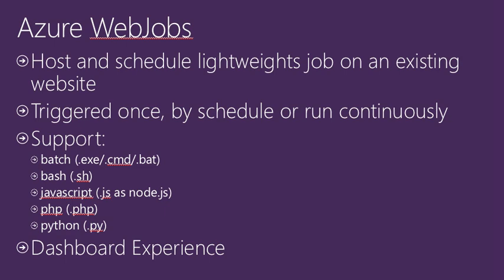Continuous jobs, once you deploy and start them, will keep on running continuously. Once started, unless you force it to stop or you stop your website, it will keep on running. That's why we have three kinds of scheduling mechanisms for the web job.